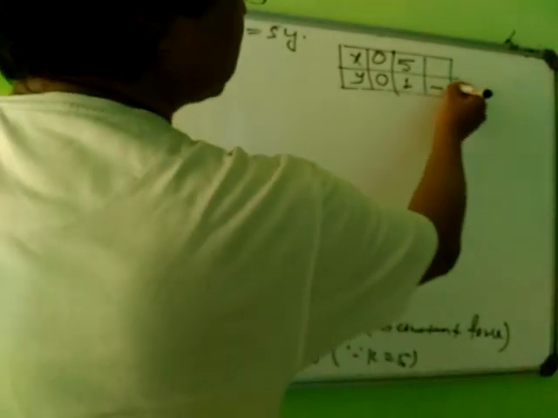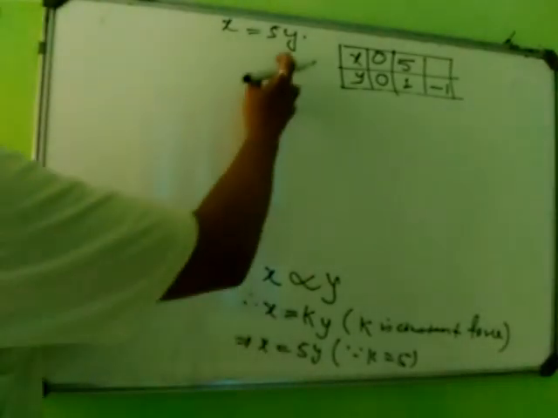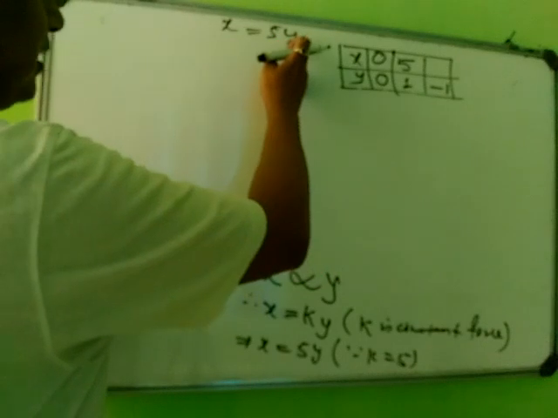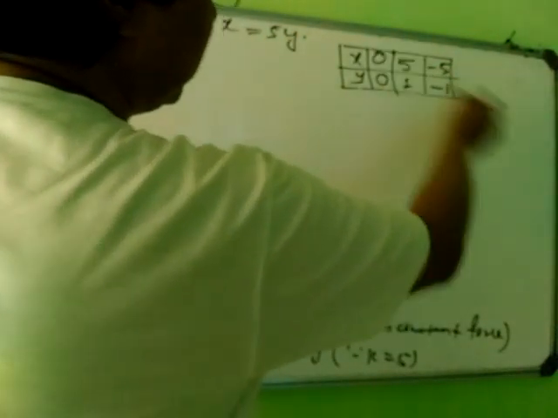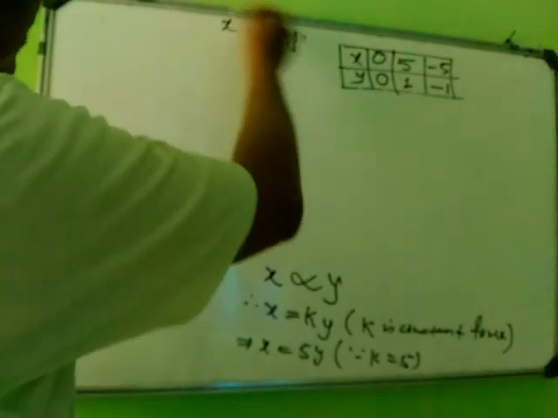Supposing y is minus 1, 5 into minus 1 is minus 5, so x will be minus 5. Then you draw the graph and you will get the required graph of this equation.